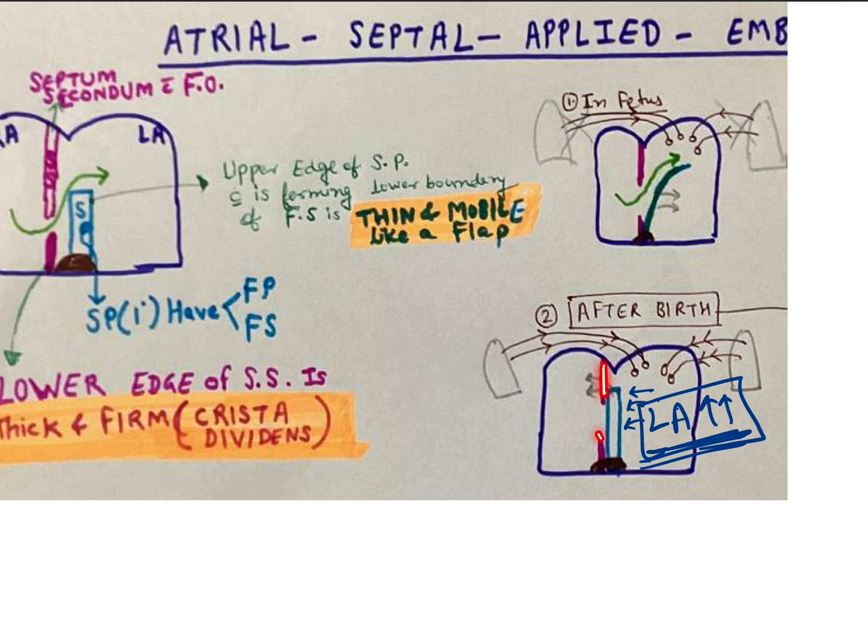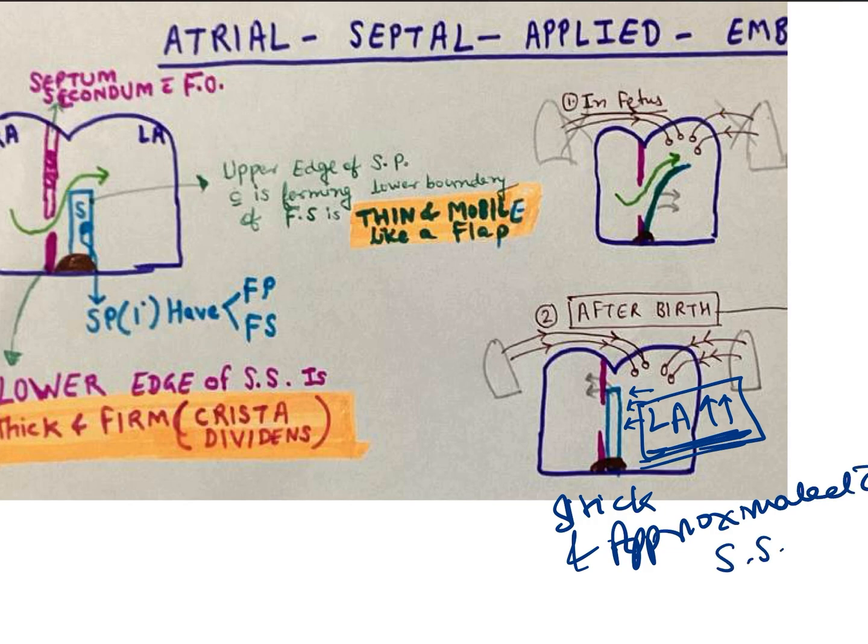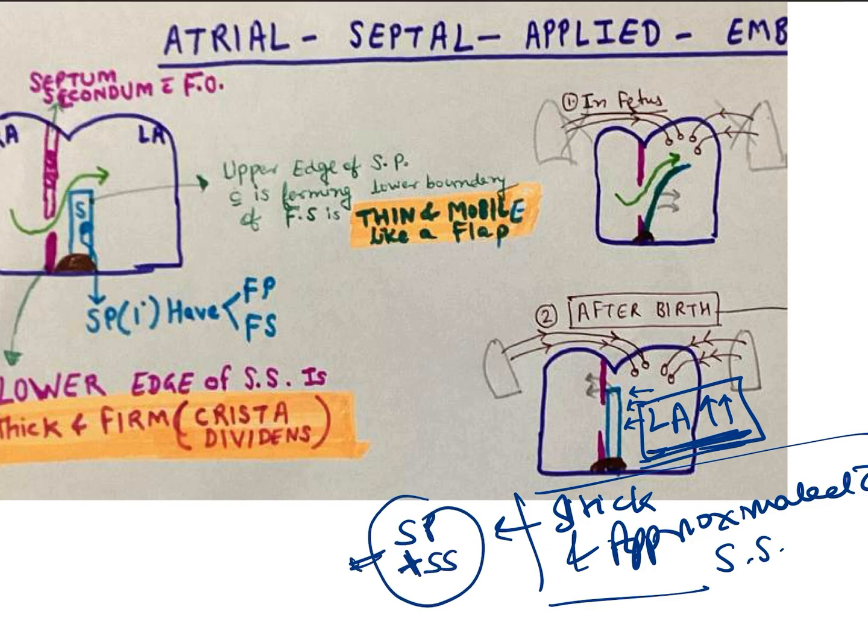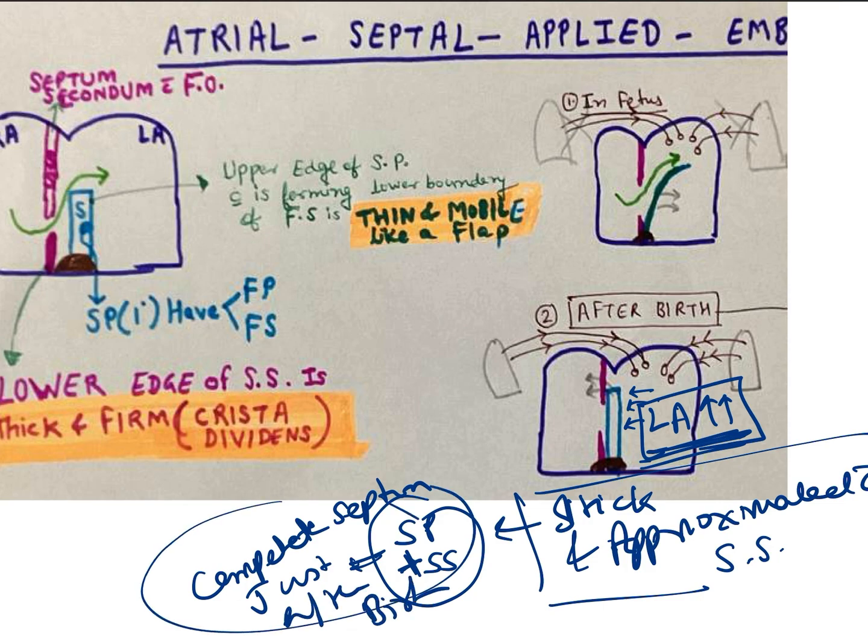But as this septum secundum is thick and firm, the septum primum will stick and get approximated with the septum secundum. Means the septum primum gets fused with the septum secundum, and now it will form a complete septum just after birth, like this.